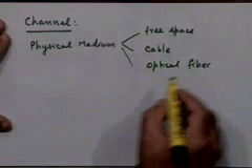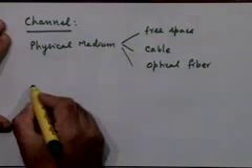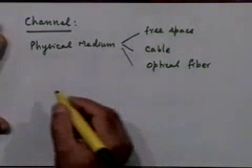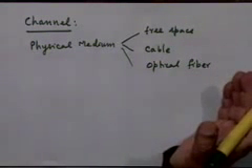Now, one important characteristic of a channel is the bandwidth it can support, right? As I mentioned, the bandwidth will be determined by the band of frequencies over which it can support propagation, right?